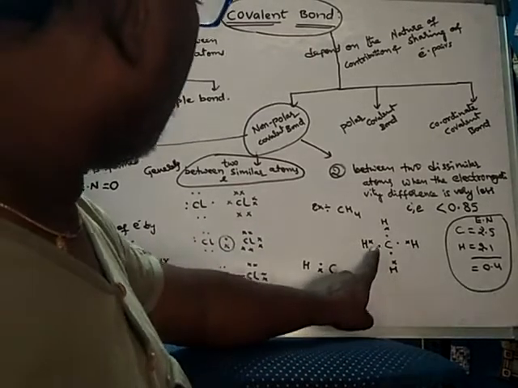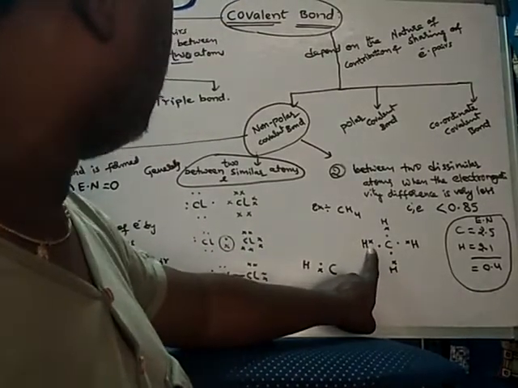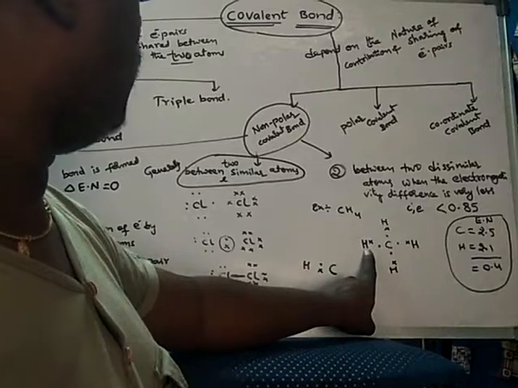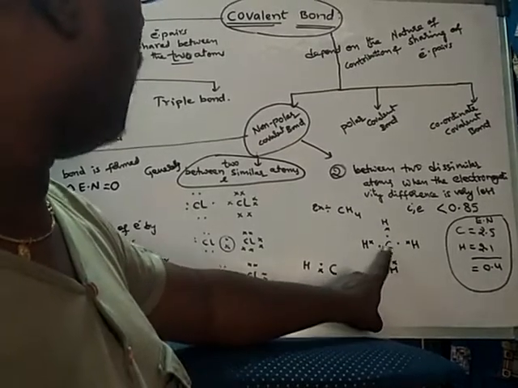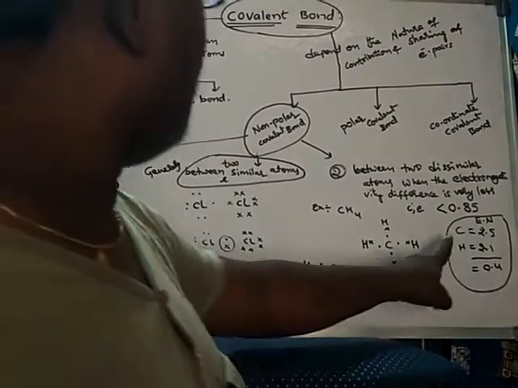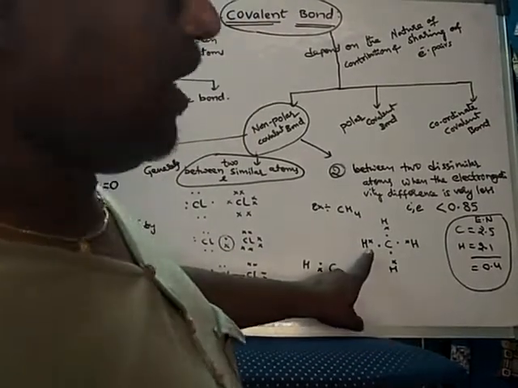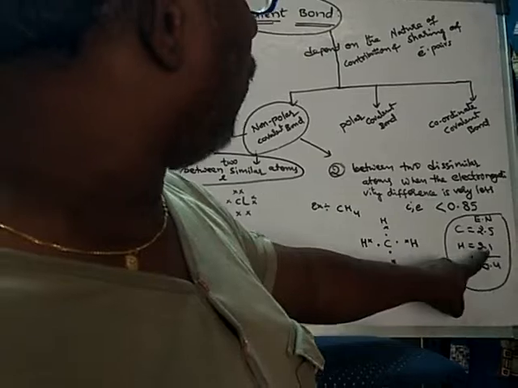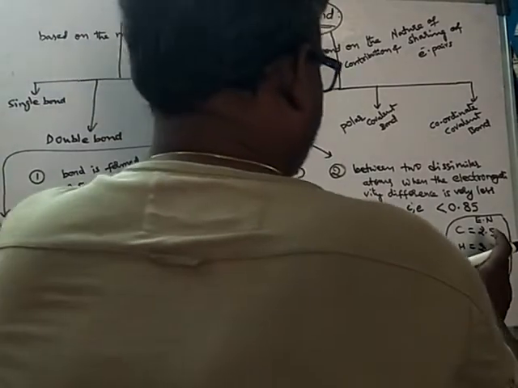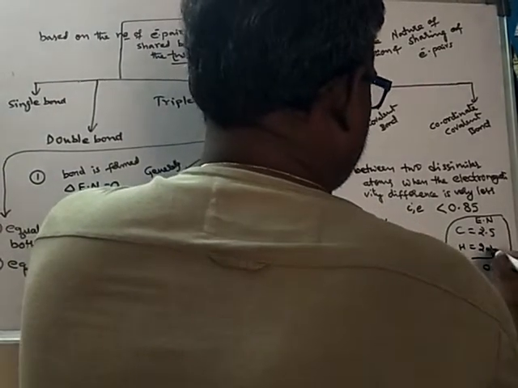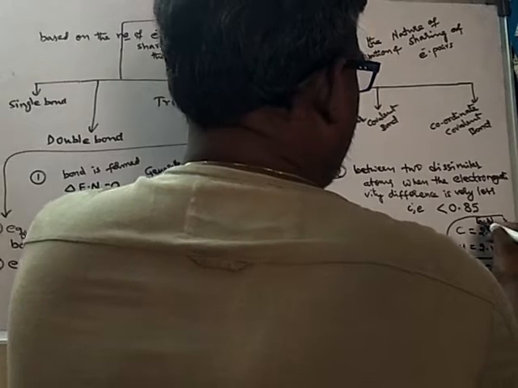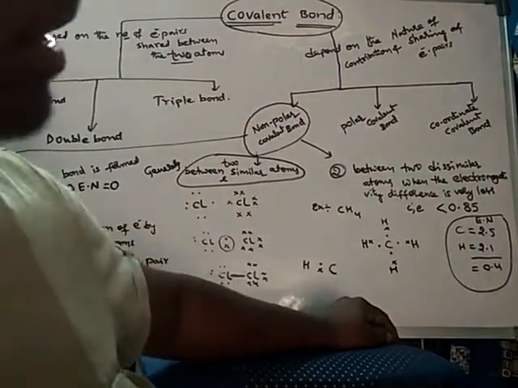Now let us see how these 2 atoms, carbon and hydrogen, will combine. The electronegativity value of carbon is 2.5, whereas hydrogen's electronegativity is 2.1 only. EN means electronegativity.